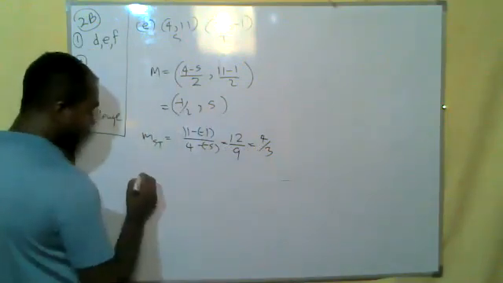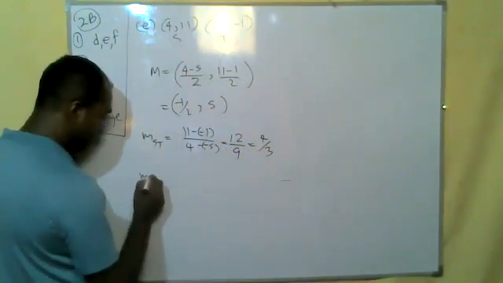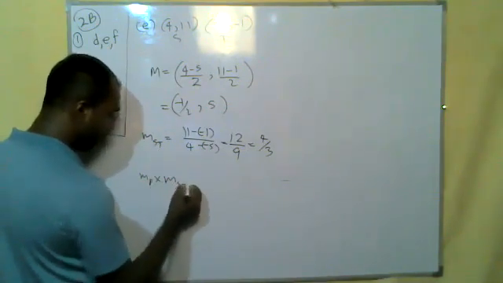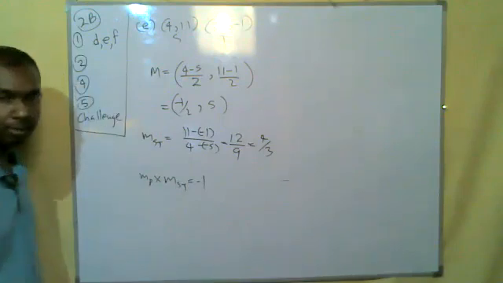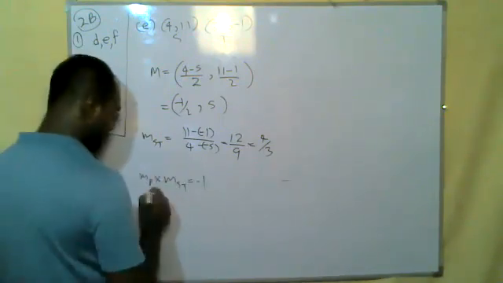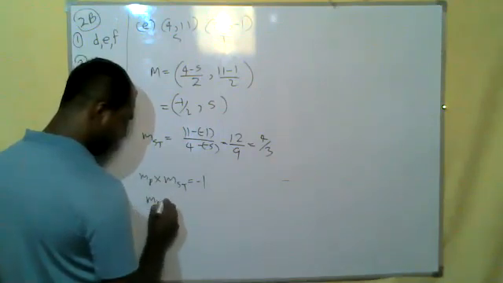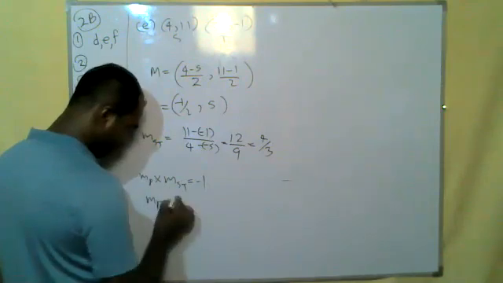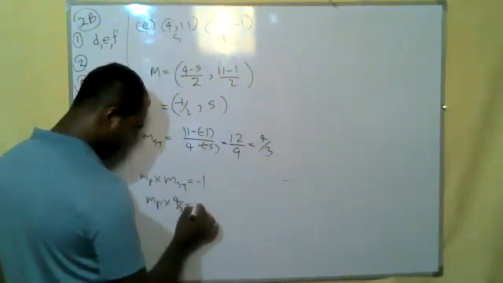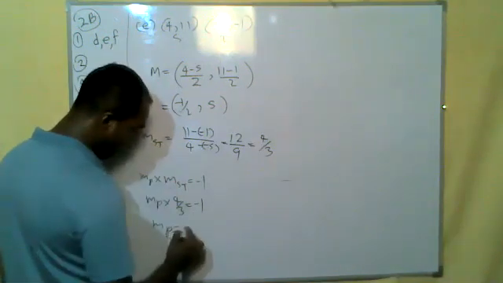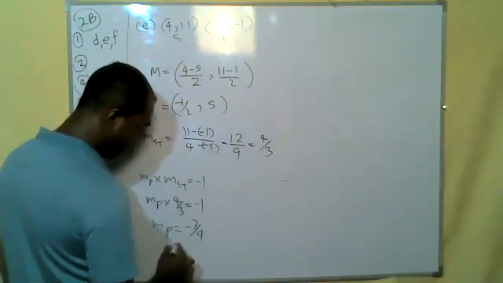So the gradient of the perpendicular line, M_P times M_ST, should be equal to minus 1. Two lines are perpendicular, gradient product equals minus 1. So M_P times 4 over 3 equals minus 1. So M_P equals minus 3 over 4.